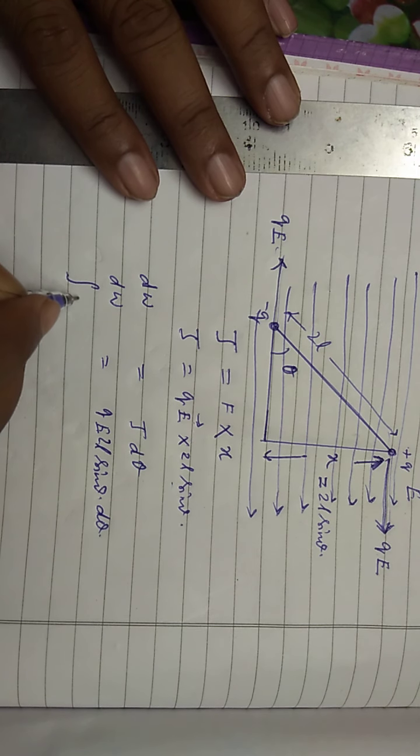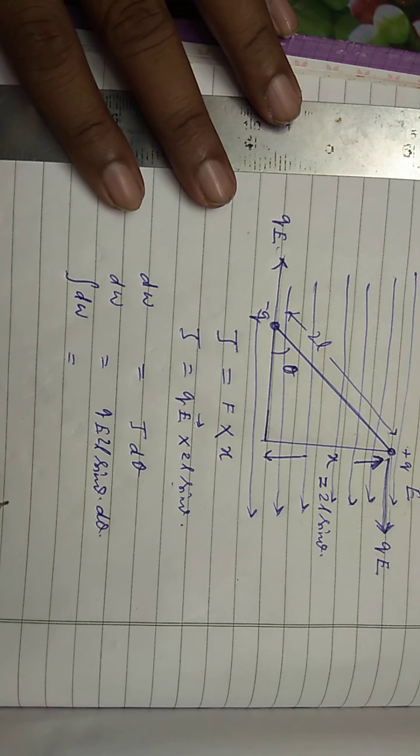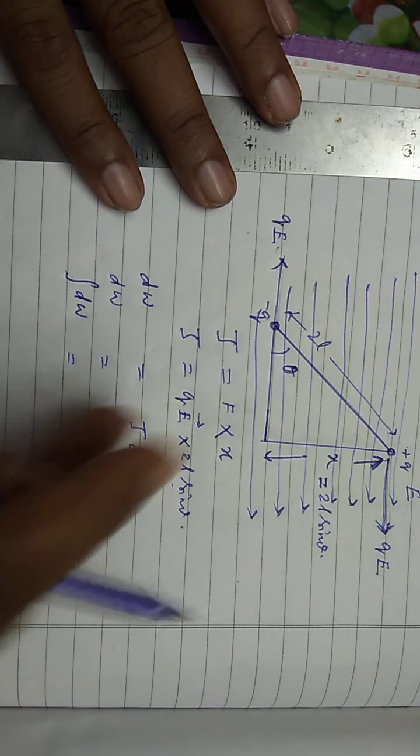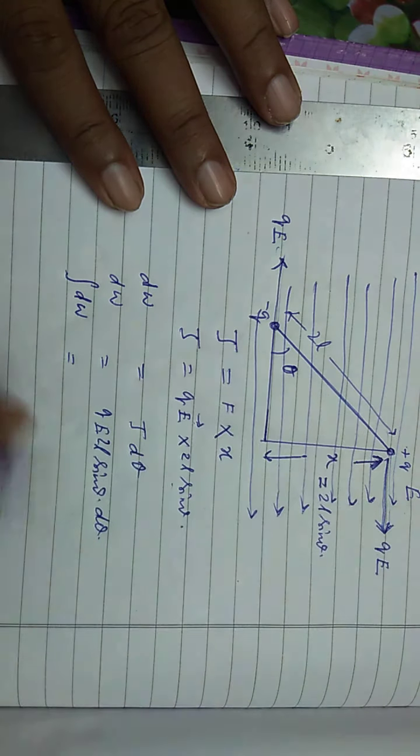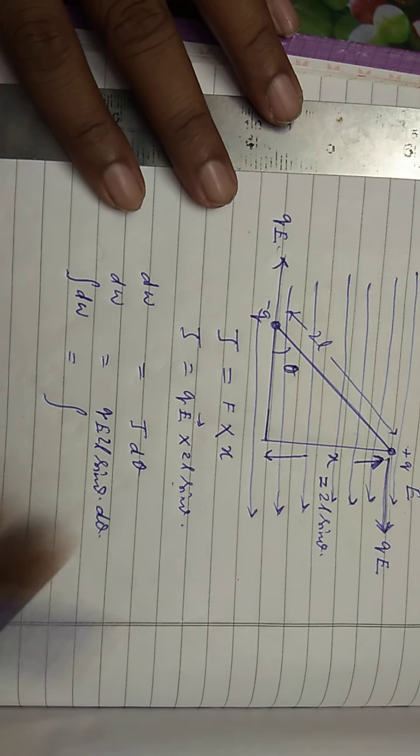So this is the work done in rotating the dipole through a small angle d theta.